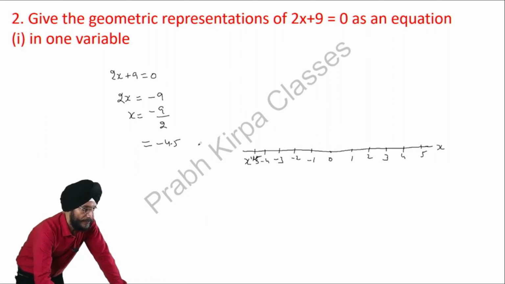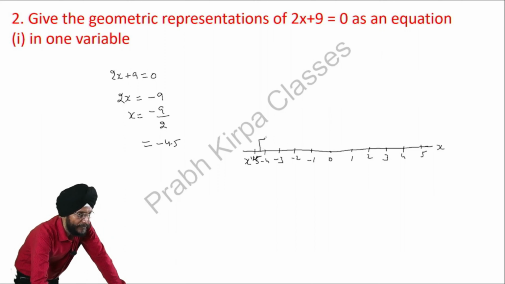So what is given? x is equal to minus 4.5. Minus 4.5 will lie somewhere here. x is equal to minus 4.5. Now this is the geometrical representation of the equation 2x plus 9.